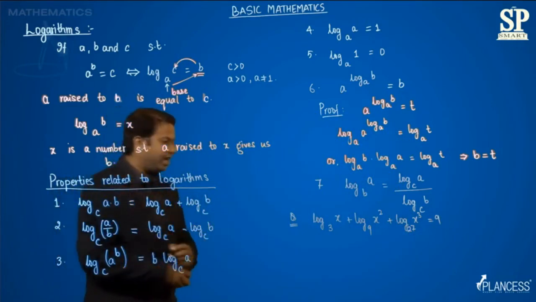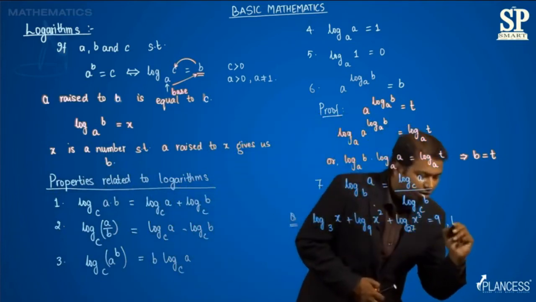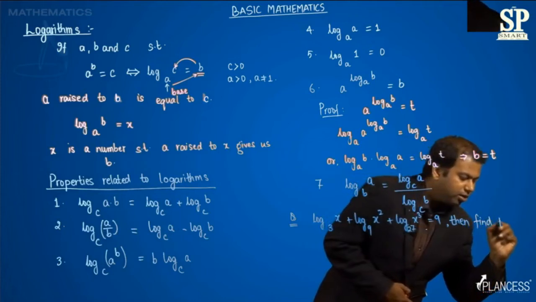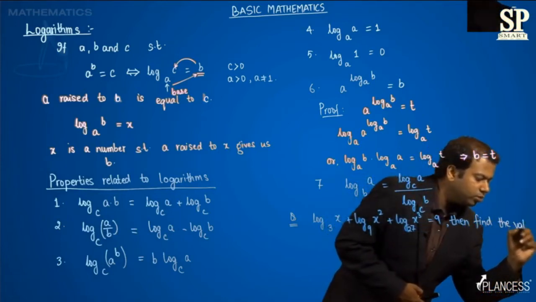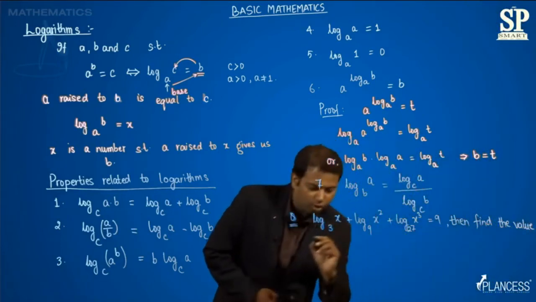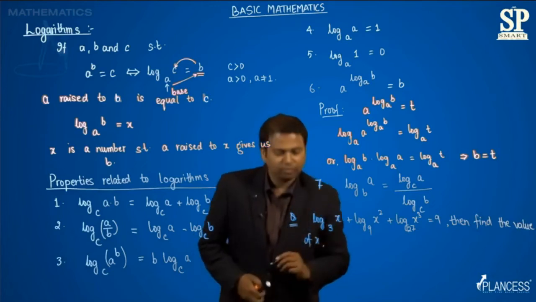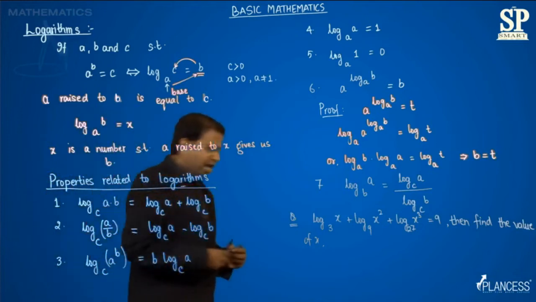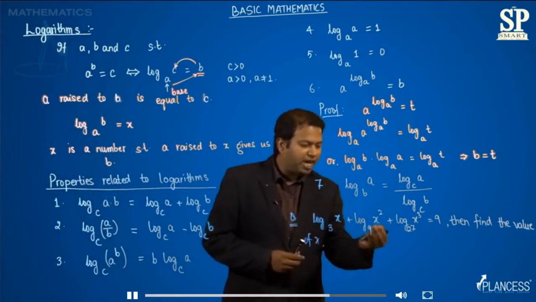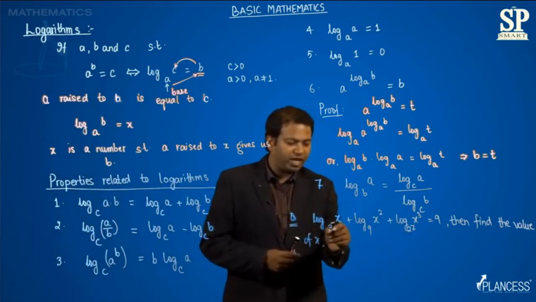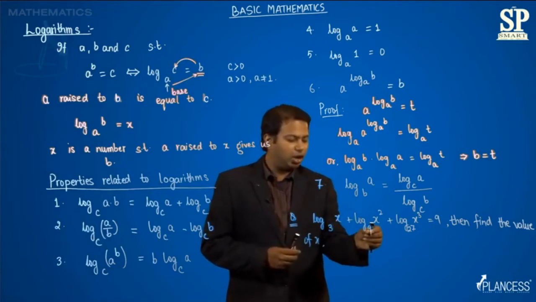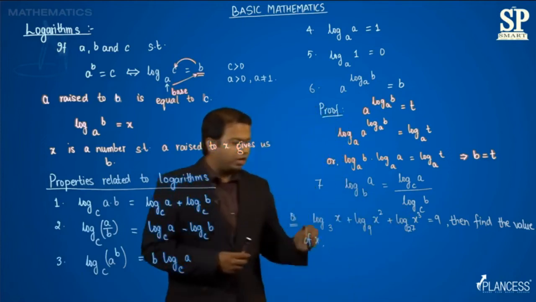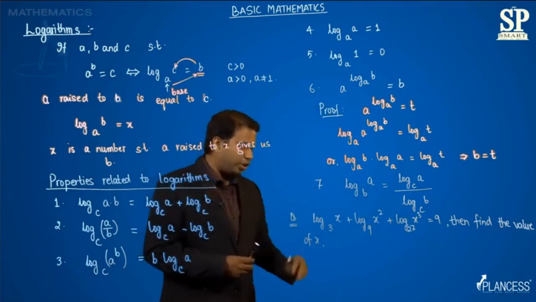If this is the given condition, then find the value of x. So let us quickly see how we can solve this question. Now here the bases are different. In the first log we have 3, in the second log we have 9, and in the third we have 27. So let us try to make the base uniform.